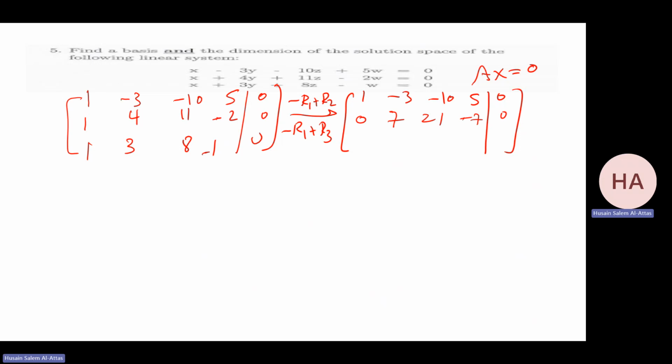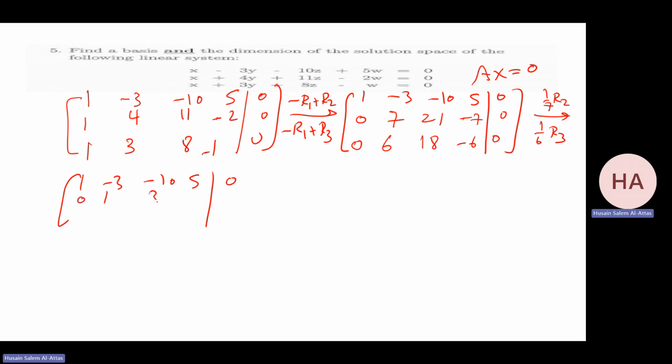Now it makes sense. Multiply by minus 1 and add, that will be 0. Minus 1 and add, that will be 6. Minus 1 and add, that will be 18. Minus 1 and add, that will be minus 16. Same idea. 1 over 7 R2, 1 over 6 R3. 1, -3, -10, 5, 0.